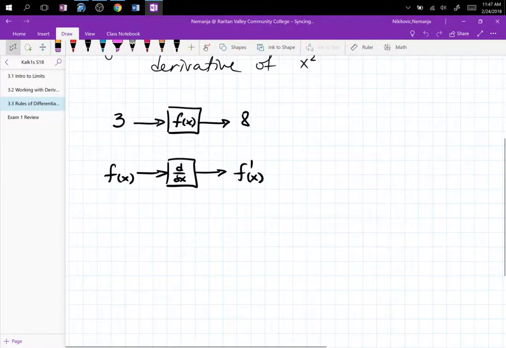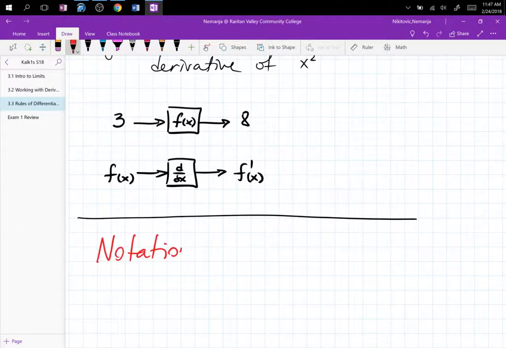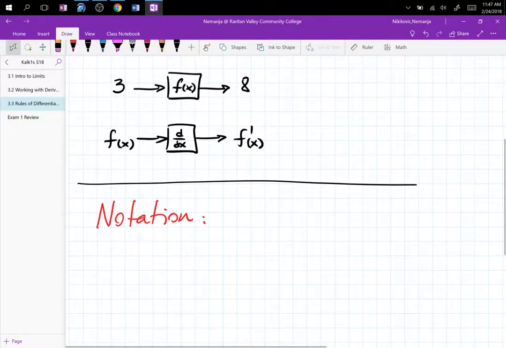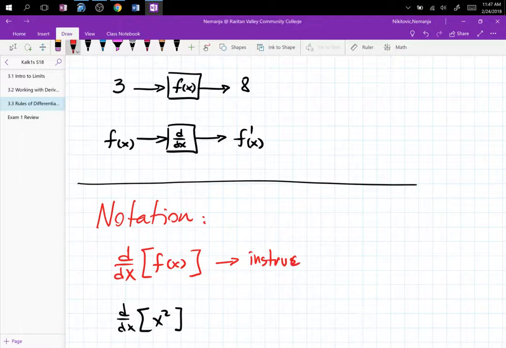So the next part we need to talk about is notation. When I write d dx of f of x, for example d dx of x squared, this means an instruction to take the derivative.